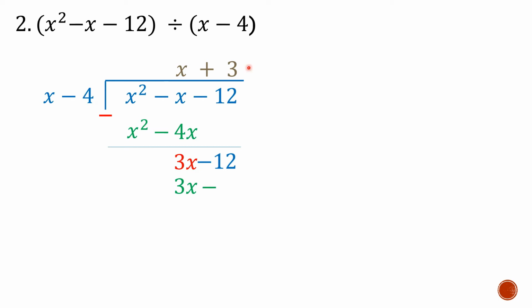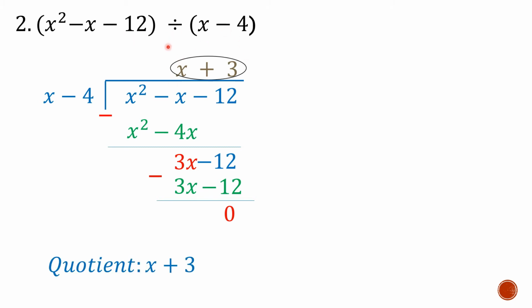And 3 times negative 4 is negative 12. And then subtract again. So 3x minus 3x is 0. And negative 12 minus negative 12 is also 0. So our remainder is 0. And the result, if we divide x squared minus x minus 12 by x minus 4, is just x plus 3.